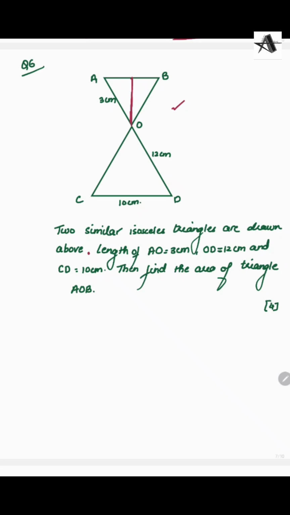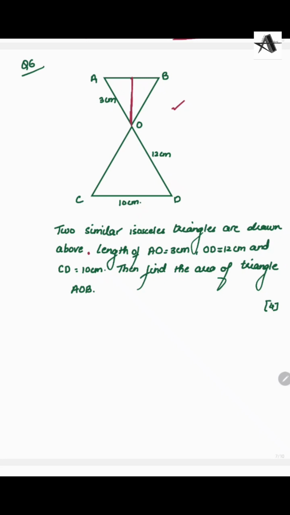I can understand that they have given that they are similar isosceles triangles. If they are similar, clearly AOB and COD are similar triangles, then AO ratio OD is equal to AB ratio CD.